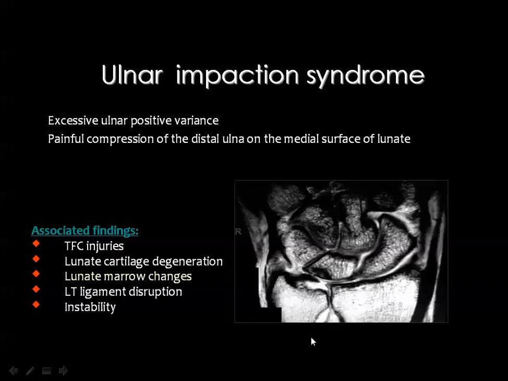This is also another example, and you can see the tear in the triangular fibrocartilage and also the changes in the lunate bone. Ulnar impaction syndrome is usually associated with triangular fibrocartilage injuries, lunate cartilage degeneration, lunate bone marrow changes, lunotriquetral ligament disruption, and wrist instability.